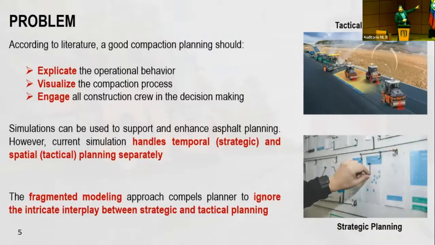But then they never actually go to that tactical level of deciding, okay, on the site, boots on the ground, how many rollers do you need, and how these rollers need to collaborate with one another? Do they need to do it in parallel, in sequence? How many passes are required for the breakdown compaction and then for the ultimate compaction? These things, the planners actually never decide, and they leave it to the operators and the construction crew on site.